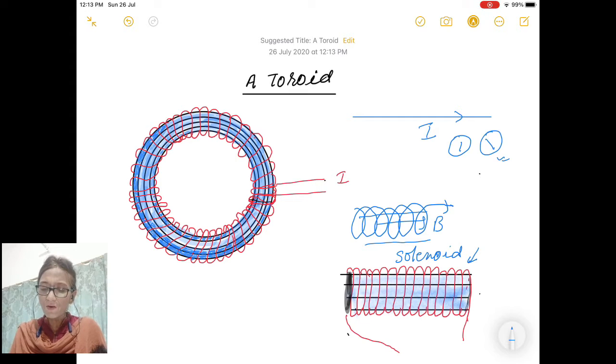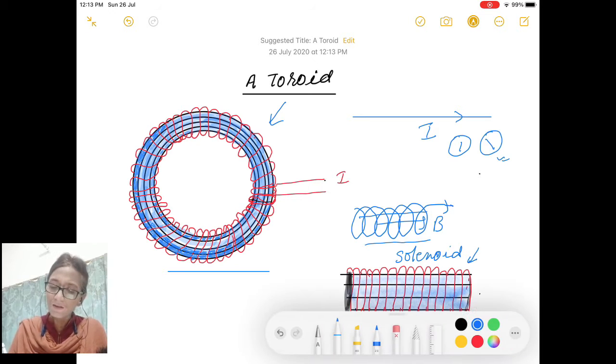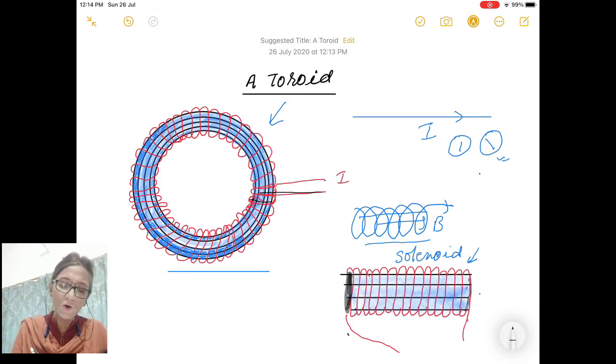Now when the two ends of this solenoid are joined together, we get this kind of structure. And this is called a toroid. This is your toroid. So, there are several circular turns of coils of this current carrying conductor.